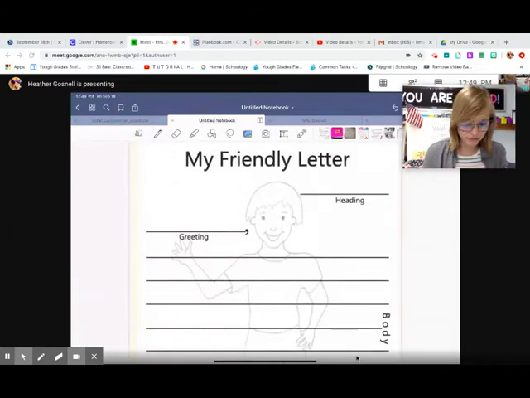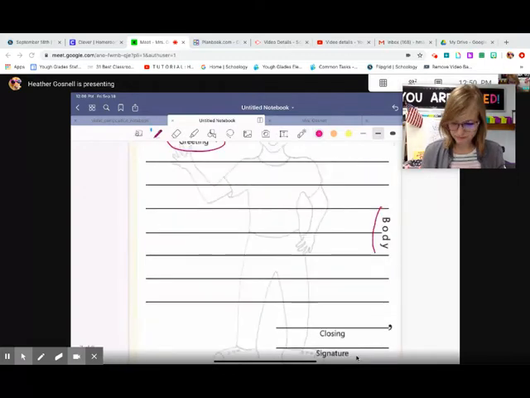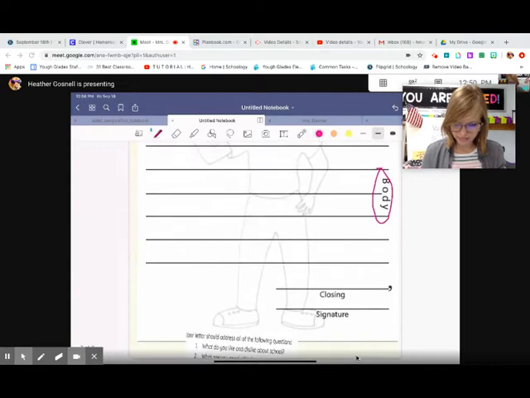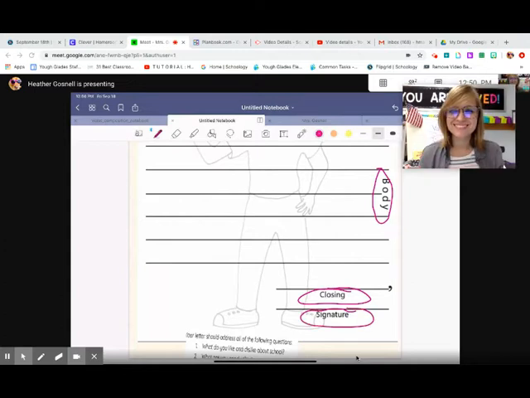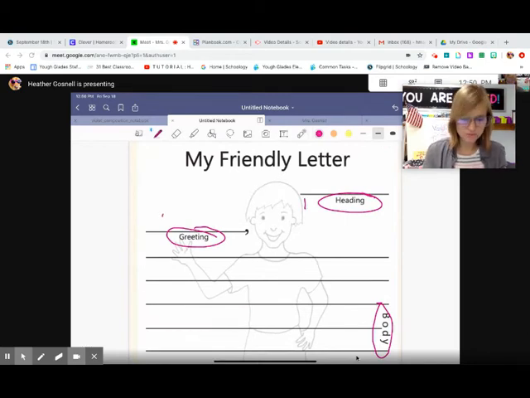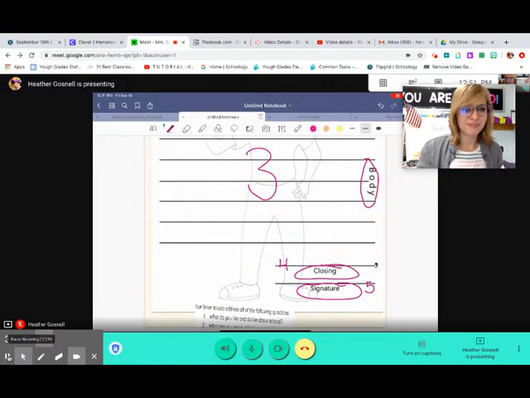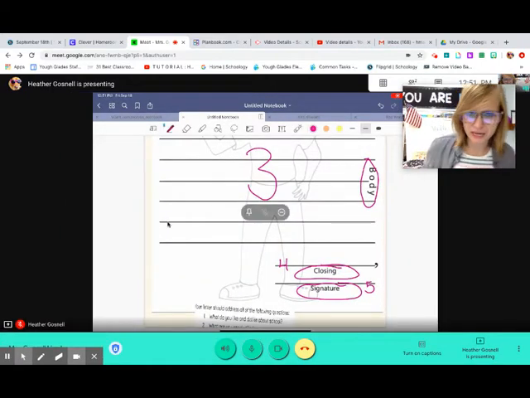You have the heading, the greeting, the body, the closing, and you have the signature. 5 parts. 1, 2, 3, 4, 5. Okay, so 5 parts to a letter.